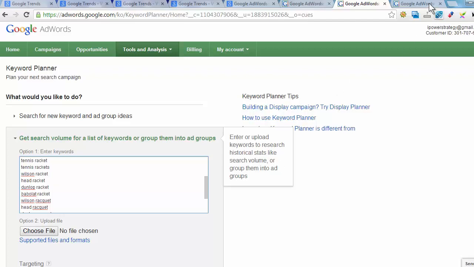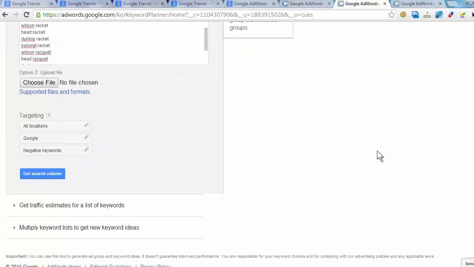So let us see what happens. I choose all locations, and I can choose whether or not I want to show results only on Google or on search partners or whatever, and then maybe I exclude some keywords, which is not really the point right now.